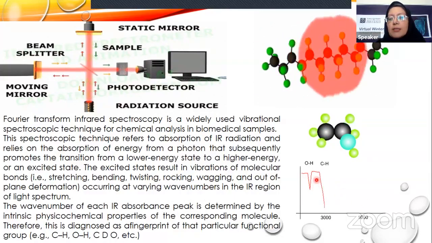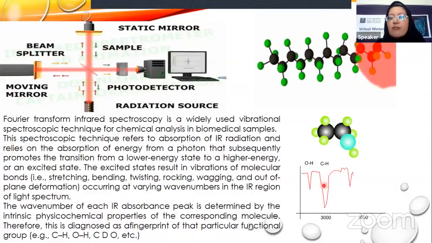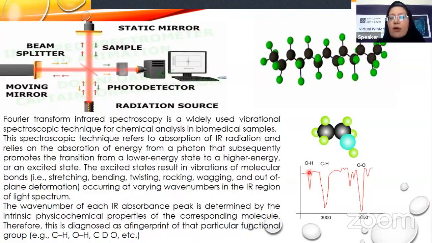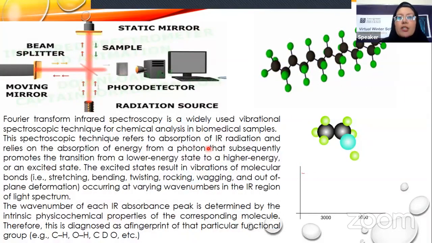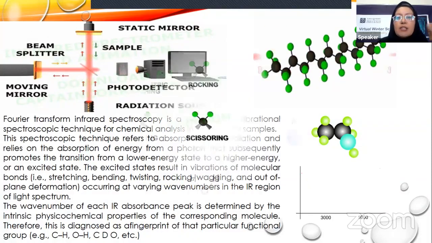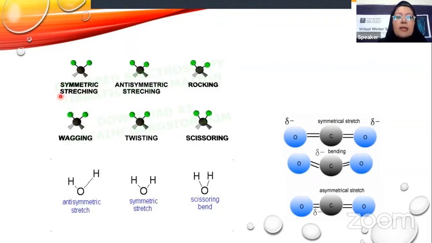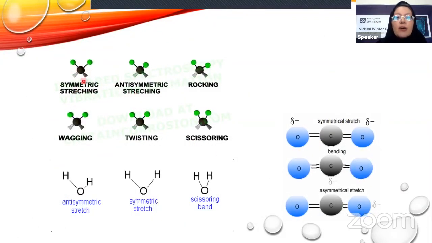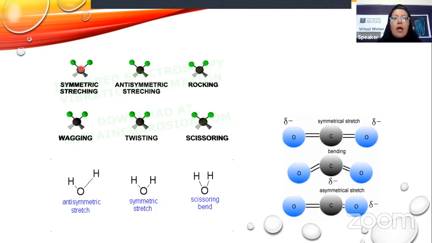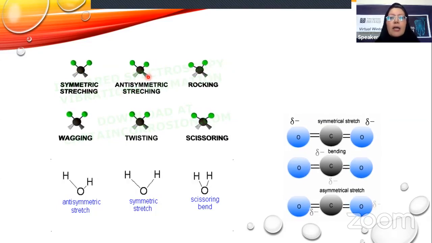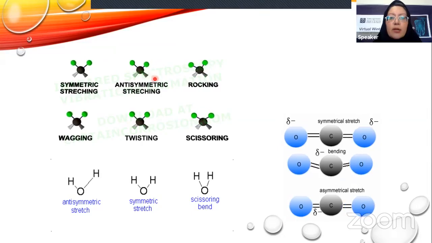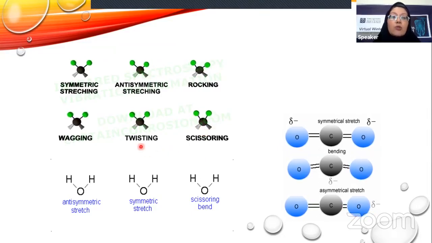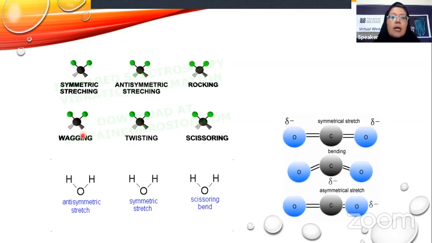Here you can see this diagram for different functional groups. The vibration modes can be in different forms. For example, symmetric stretching forms, here is symmetric, antisymmetric, rocking, and scissoring, like a scissor. Here you can see the scissoring form, and twisting, and bending.